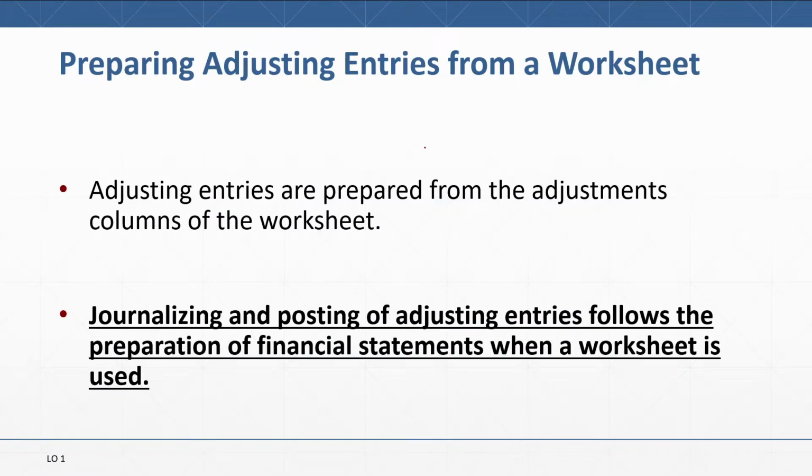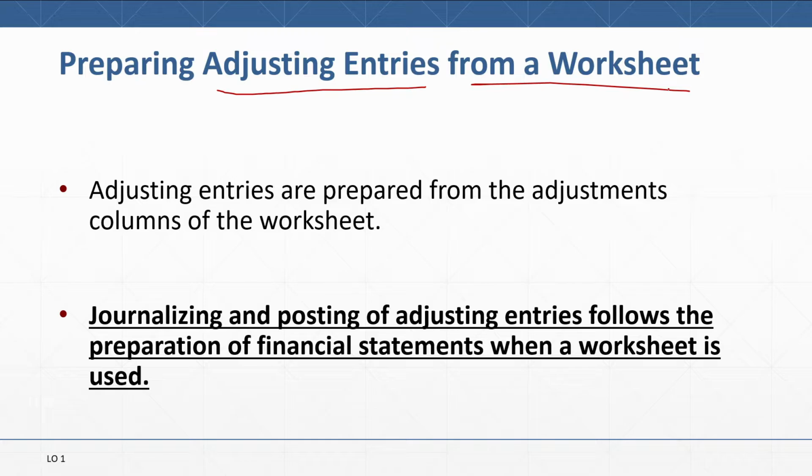Then after you're done with the financial statements, you are ready to go ahead and journalize your adjusting entries into your accounting system from what you had in your worksheet.